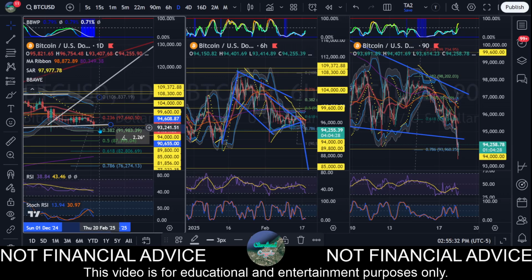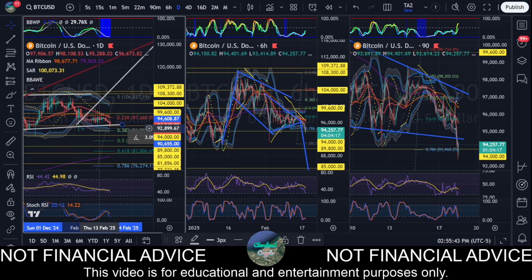Tomorrow it would open under, and if we opened and closed tomorrow under that 94K level, that would flip 94 from support to resistance. That would be a bad sign. Now, what would that lead to? Probably leading us down to candlesticking these wicks, and then possibly another reversal back up. So if we lose 94, I'm going to say we're going to head down to 89 before we see any kind of real reversal.